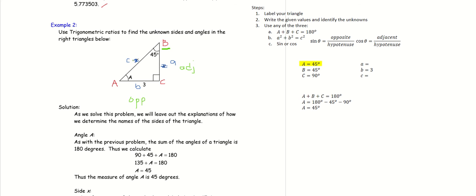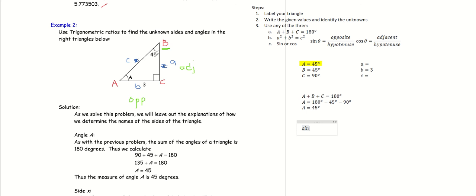And of course, this is the hypotenuse. Okay? Now, if you chose B, tapos 3 lang yung given na side, so kailangan piliin mong formula yung may opposite. Okay? So, we will choose sine again.